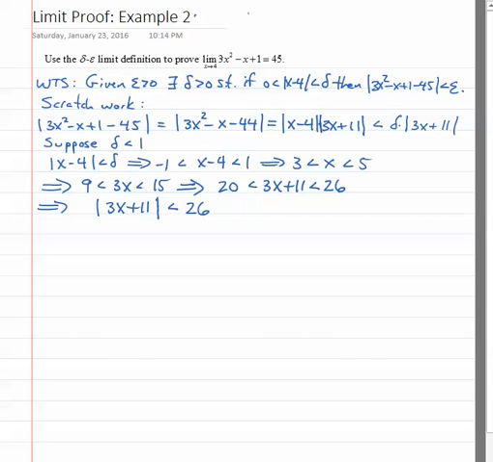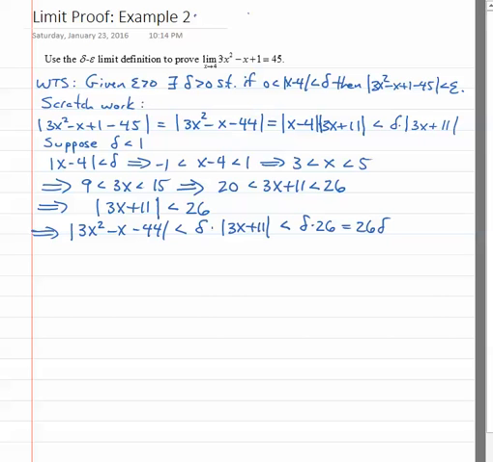Okay, what that means is, from our work on line 3, the absolute value of 3x squared minus x minus 44 is less than delta times the absolute value of 3x plus 11, but as long as we suppose that delta is less than 1, then the absolute value of 3x plus 11 will be less than 26, which means this last quantity will be less than delta times 26.